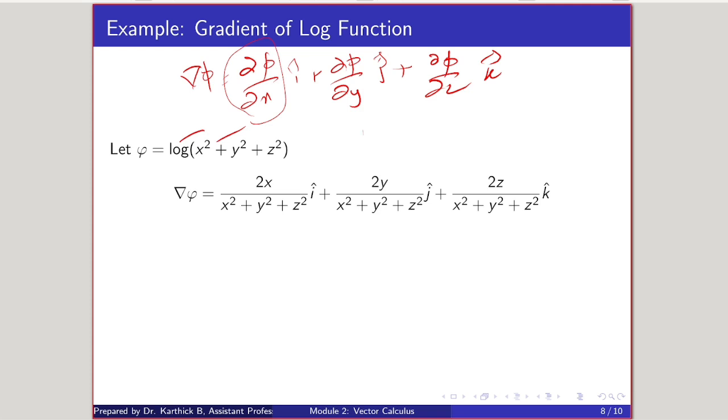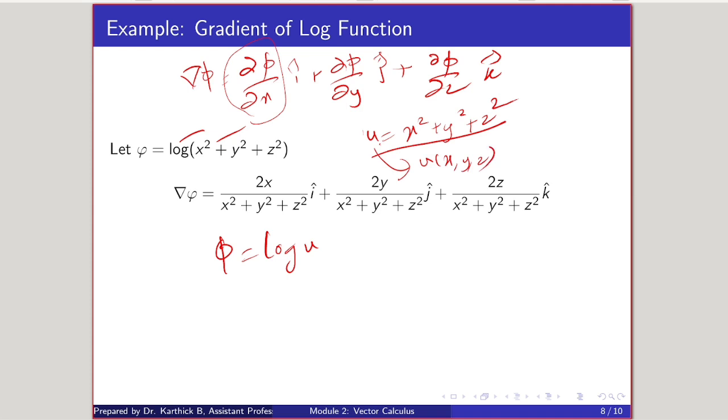So let me take u equal to x square plus y square plus z square. Then φ will be log u. Here u is a function of x, y, z, and we may write this as u of x, y, z.